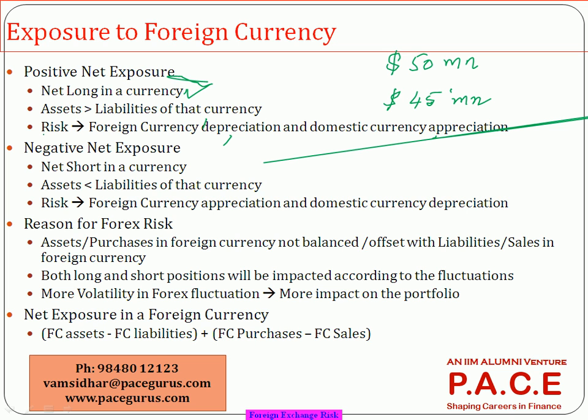So what we are saying is, if your purchases in the foreign currency are not offset with the sales, it means you have purchased a raw material of so much from abroad, but you have not sold enough abroad. Probably for a typical Indian company, raw materials it is importing, whereas sales it is doing locally. It is importing the raw material from abroad, assembling the product in India, and selling in India.